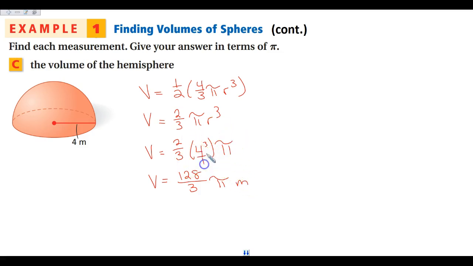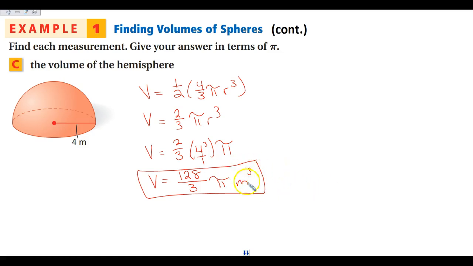Again, remember this is over 1. So you can do 4 cubed times 2, get this number, and just put that over 3. That way, if it is a decimal, you need to change it back to this fraction. And it is meters cubed because it is volume.